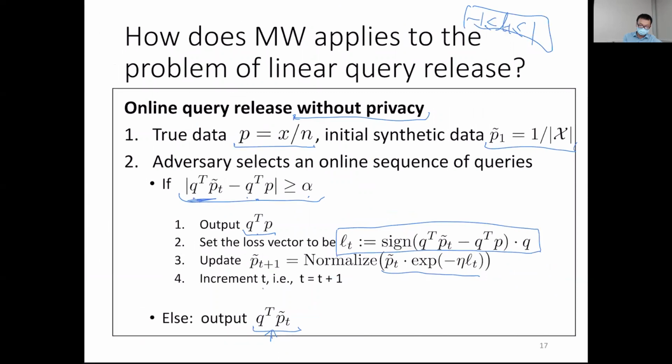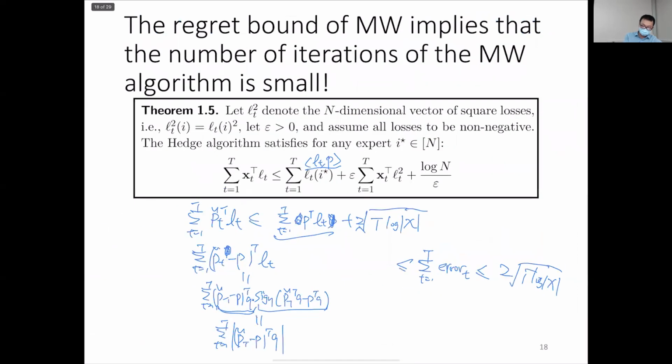Therefore, there's also a lower bound on this error: it is larger than T times alpha. What does this imply? It implies that T must be small. Like this algorithm finishes with probability 1, and then there are no more queries that we ask of this algorithm. And in the remaining calls, you'll always keep invoking the synthetic data.